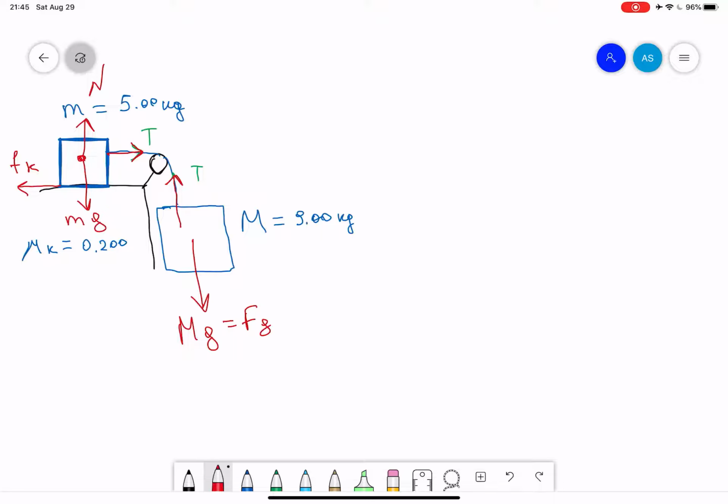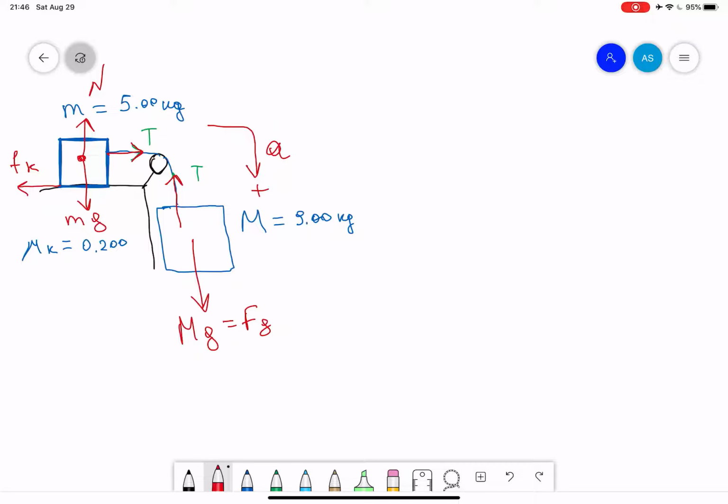By looking at this picture, we know that the object capital M is larger, so we assume that it will be moving downward with an acceleration. We also have to define our direction, so if we define our direction like this, we will say it is positive.